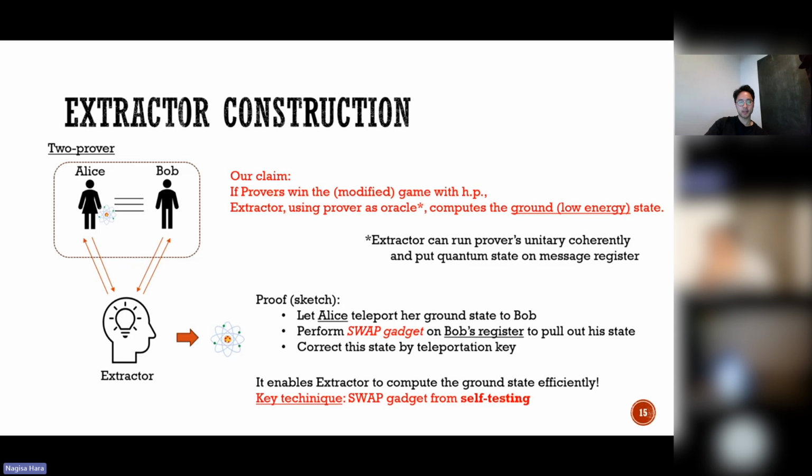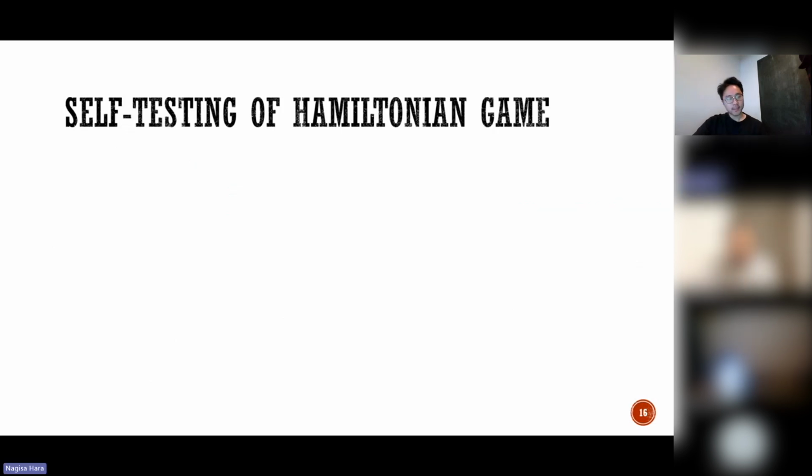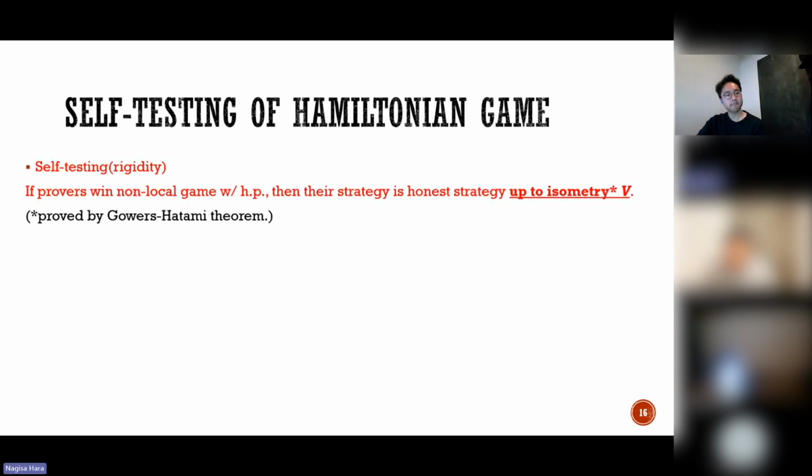Yep. So the key technique is the swap gadget. That's the only non-trivial part of this proof. So let us recall what self-testing is. So this Hamiltonian game has a self-testing property, specifically Pauli braiding test self-testing. What is self-testing or rigidity?